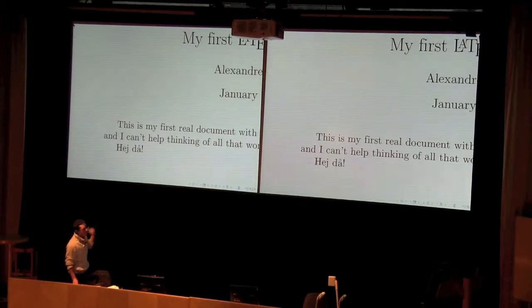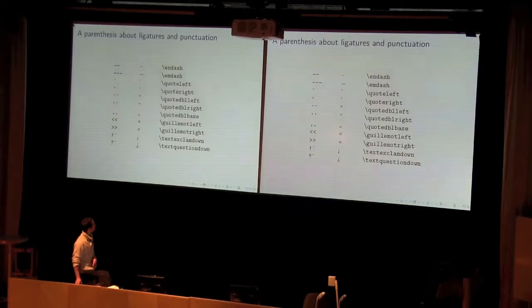So why is this important? Because this is not the only thing that ligatures can do. Here is what ligatures mainly can do for punctuation, for example. Sometimes you want to put a character you don't have on the keyboard. So you have two ways to do it. Either a command, which is sometimes long.